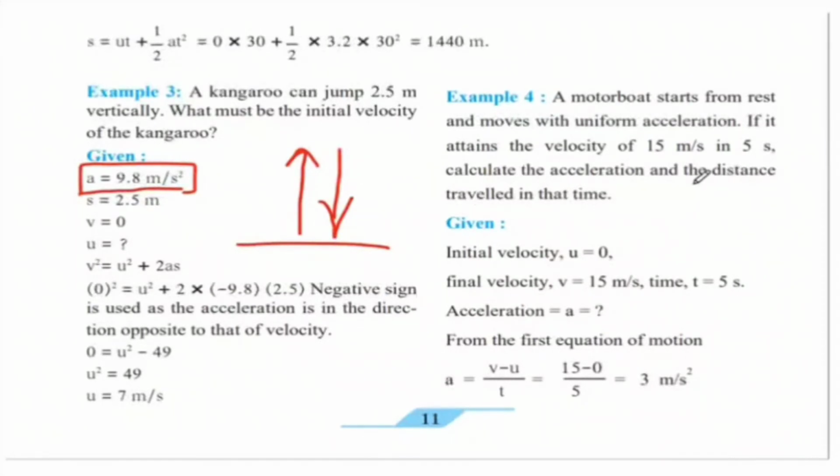So we have the initial velocity, the final velocity, and the time. We can find the acceleration using the basic acceleration formula, that is change in velocity per unit time. The change in velocity is final velocity v minus initial velocity u, upon time t. So 15 minus 0 upon 5 gives us 3 meter per second square.